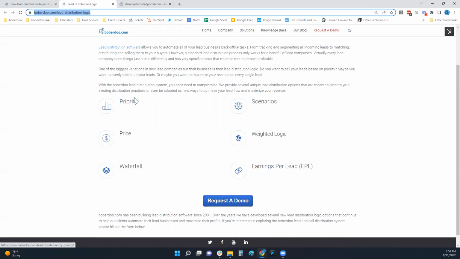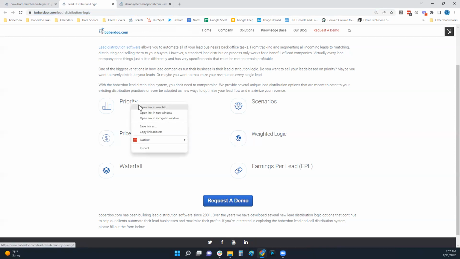Then we'll move on to best revenue scenario, best price, and weighted logic. If we have time, we'll cover waterfall and earnings per lead in a little bit of detail as well. But first, we'll talk about what the goal is for each of these.